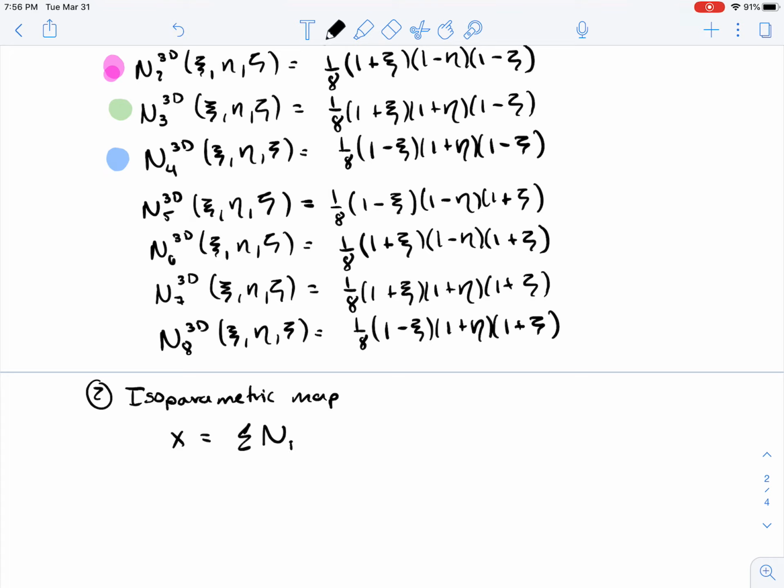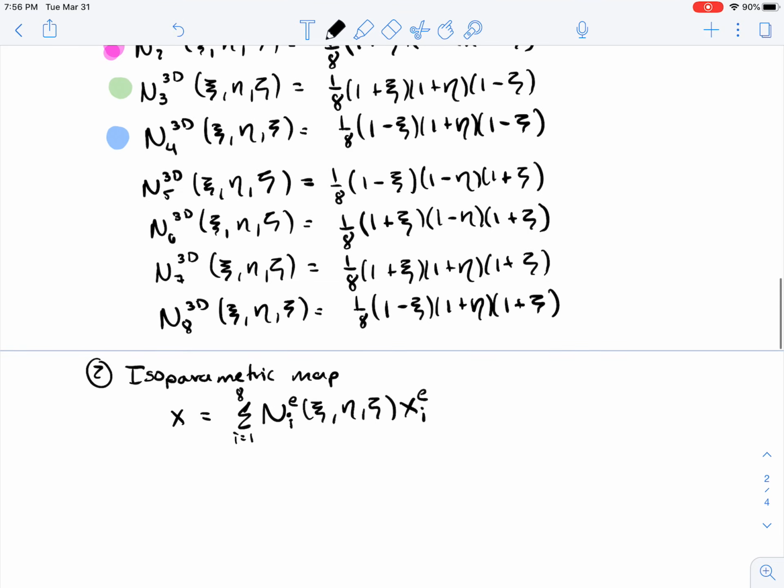The x coordinate is the sum of the 3D shape functions, from 1 to 8, which are in terms of psi, eta, zeta, times the x coordinate of the nodes. So in this case, 8 nodes, 8 x coordinates, 8 shape functions, and because we're in 3D space, they're functions of psi, eta, zeta.